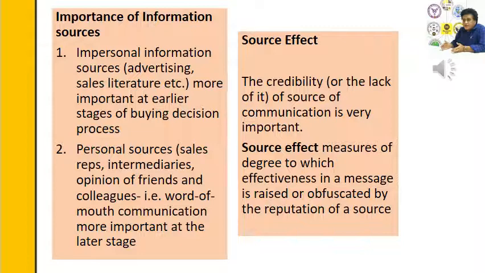So one must know which source of information to use in a business communication process. In the initial stage, impersonal information, to be followed by personal sources. That is why it is said that when a sales visit is preceded by advertising of some form, it lends credibility to the visit of the sales personnel. So this is what I want to explain to you in terms of importance of information source.